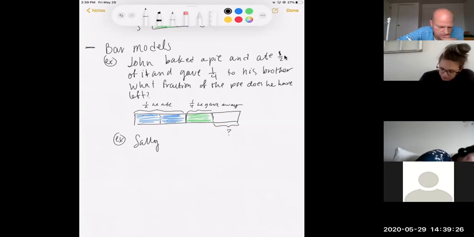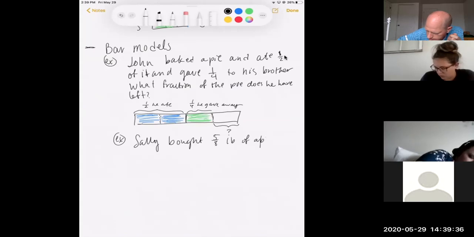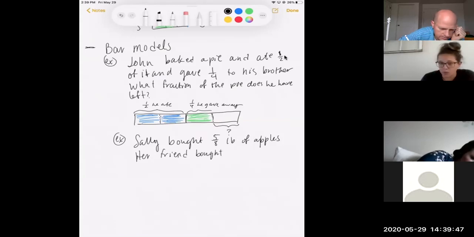The next one is Sally. She bought 5/8 pound of apples. And then her friend bought 1/4 of a pound.